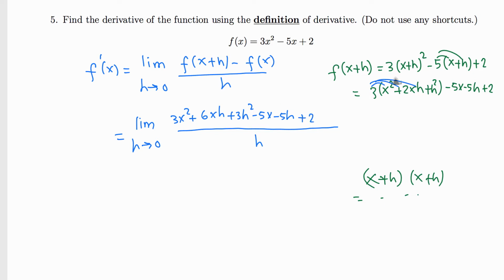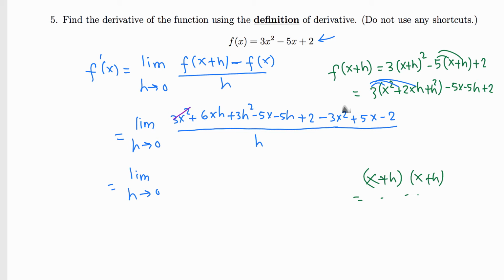So f of x plus h we worked out on the side, and we got this minus, so minus means we need to distribute minus 1, minus f(x), which is given here. So minus 1 we distribute here, so this is 3x squared, this negative makes this positive, plus 5x, and this negative makes this minus 2. Okay, we are supposed to put negative here and parentheses around f(x), but I just want to skip one step, so I distributed the negative 1.